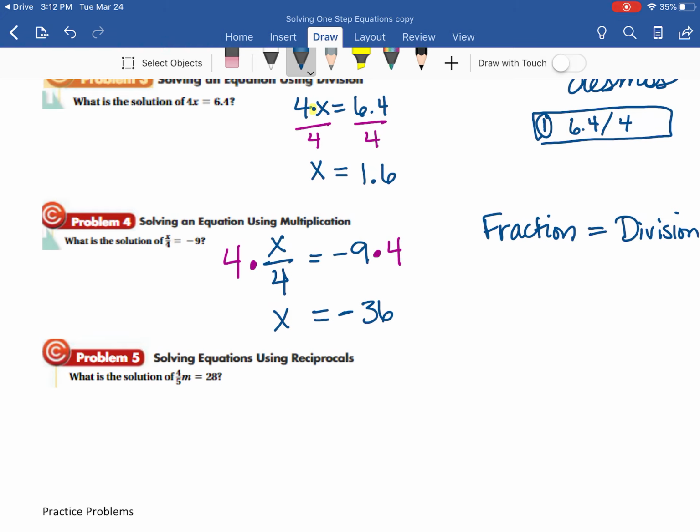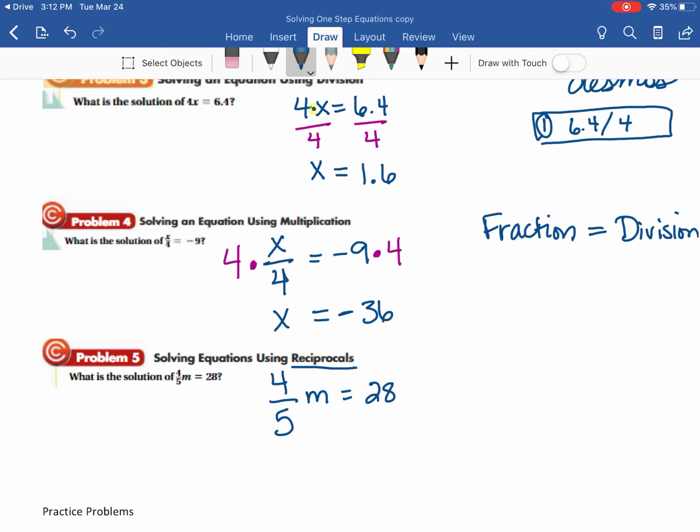Sometimes you'll have a fraction in front of the variable, and in this case, that's 4/5 m equals 28. Well, I can use the reciprocals. Remember when we talked about the multiplicative inverse in class before spring break, if I multiply by the reciprocal, that's the multiplicative inverse.